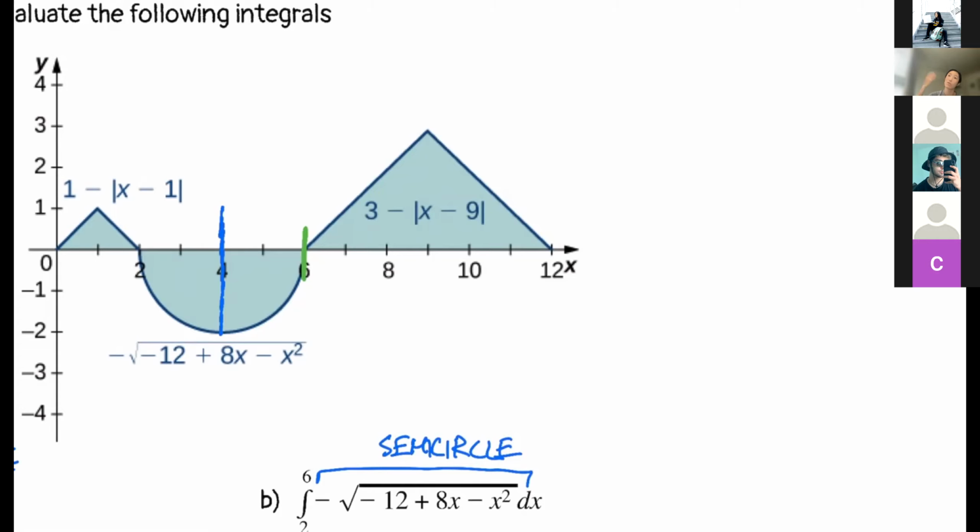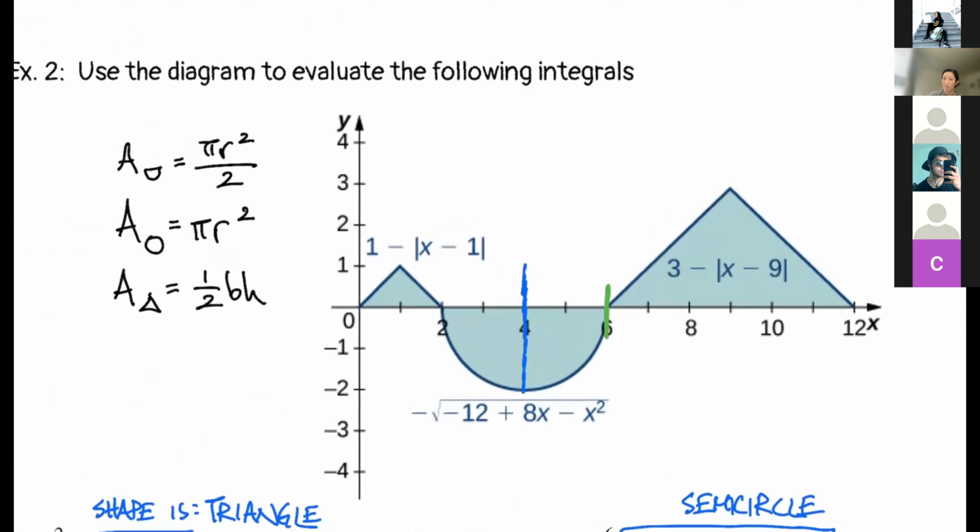Yeah, it's just going to be a quarter circle, right? Because it's half of a half circle. Well, we don't have a formula for that, but as long as we know our area of a circle, we can just divide that by 4 instead of 2, and then find this area, okay?